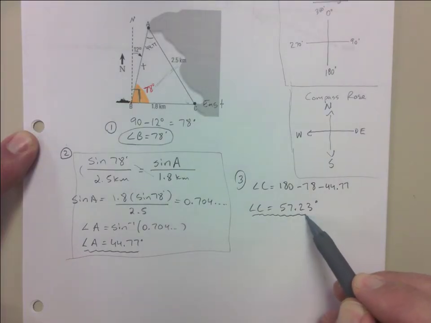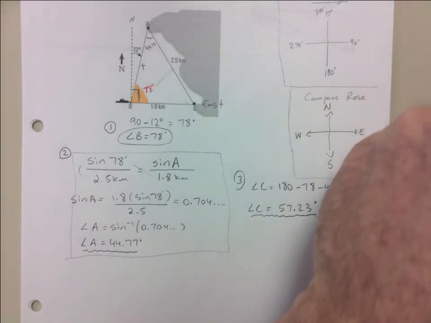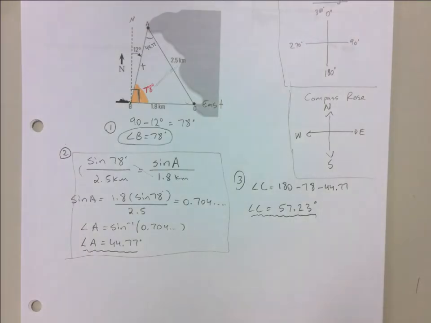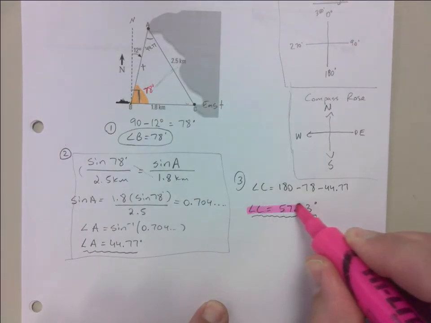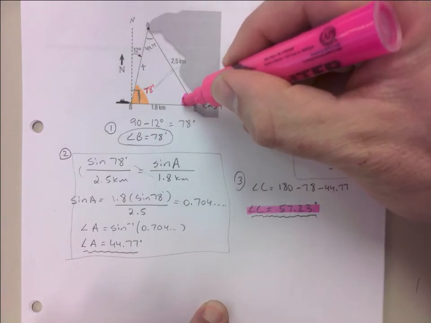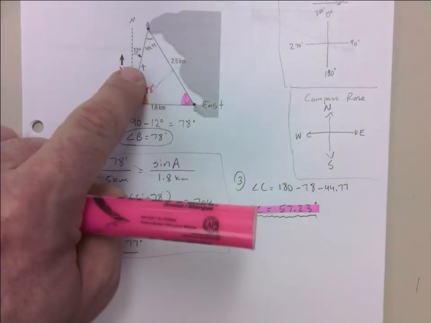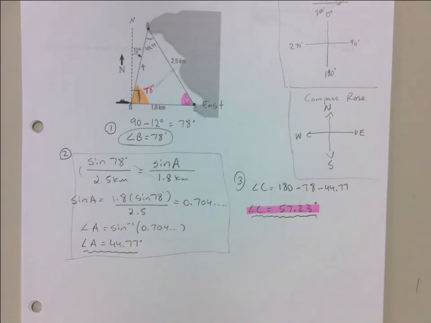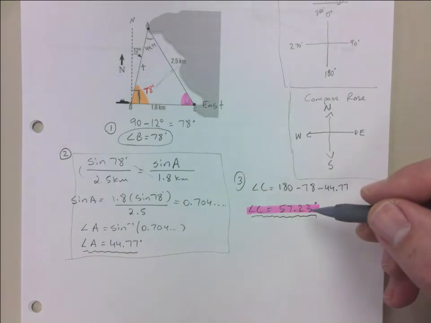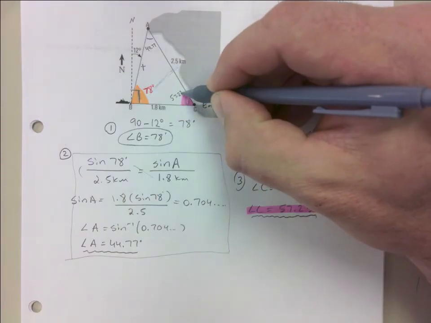And important, but not the final answer yet. I will just give that a color if you're highlighting. I like to highlight that this, right, is our angle here. Because once you've got the angle across the side you want, bingo, right? You're very close to get to that. So 57.23 goes right there.